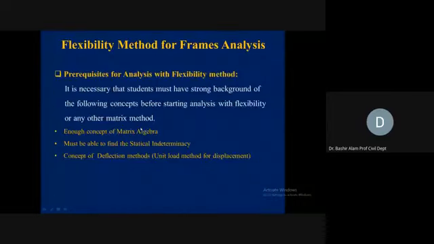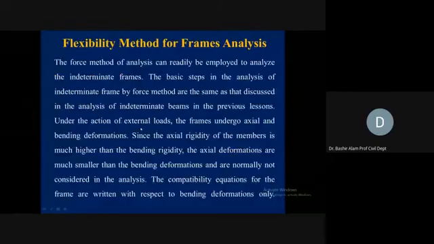Under the action of external loads, the frames undergo axial and bending deformations. Since the axial rigidity of the members is much higher than the bending rigidity, the axial deformations are much smaller than the bending deformations and are normally not considered in the analysis. So axial deformations we will not be considering.